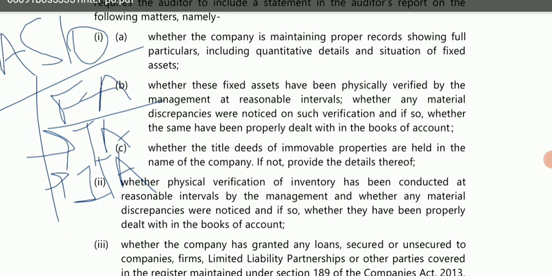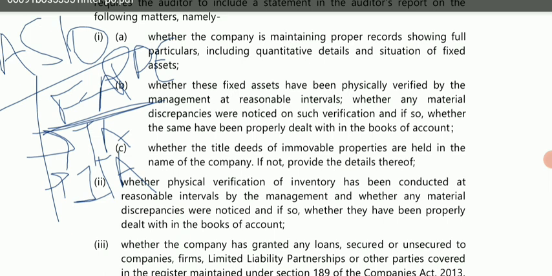The name has changed and we call it PPE, that means property, plant and equipment. So this is further divided into two categories, tangible and intangible asset. So in the matters also, first of all, we have to make certain disclosures on the matters of PPE only, property, plant and equipment only.